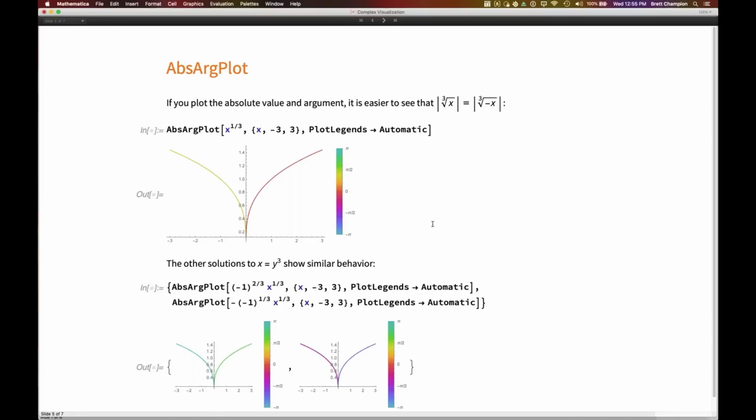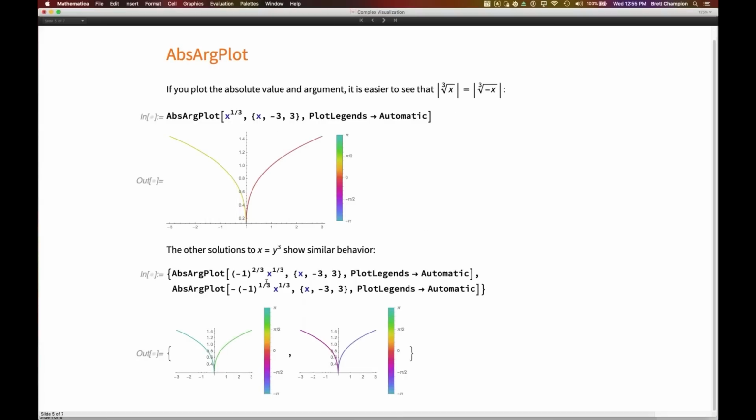And if we look at the other two branches of the cube root, you see that the absolute values behave exactly the same as for the principal root. Really all that's changing is what direction the solutions are going in.